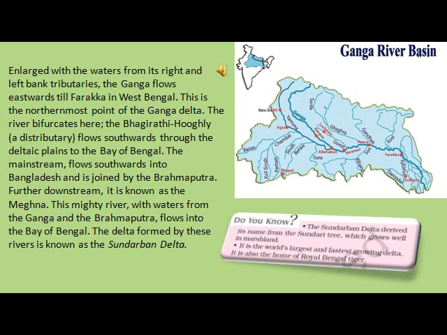Do you know the Sundarban Delta derived its name from the Sundari tree which grows well in marshland? It is the world's largest and fastest growing delta. It is also the home of Royal Bengal tiger.